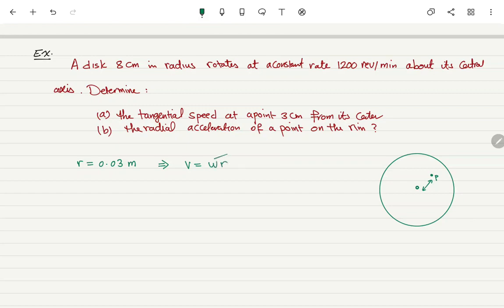Now omega as given is 1200 revolution per minute, and R is equal to 0.03 meters. So in this case, V equal to 3.77 meter per second.